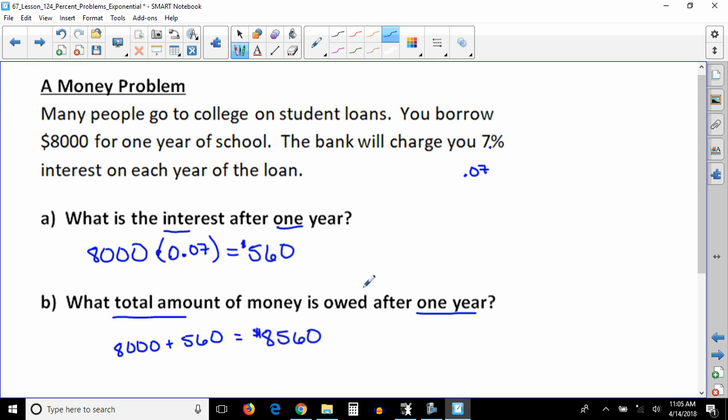Most home loans or home mortgage payments are spread out over 30 years. 1 year is not that bad, but if you had to do this for 30 years, you'd have to take this new number, 8,560, and do it for the second year, then the new number for the third year, and the new number for the fourth year, and the new number for the fifth year. You keep working down, and you notice it keeps growing and growing.